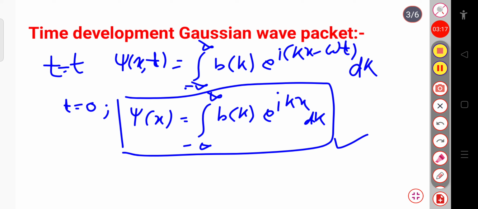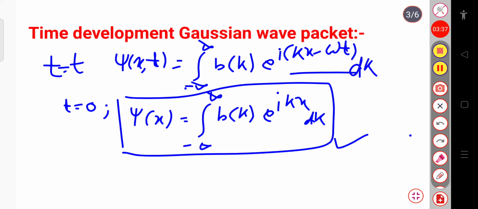So this exponential minus i omega t term represents the evolution with respect to time. After some time t, the wave packet will travel by the exponential minus i omega t part.